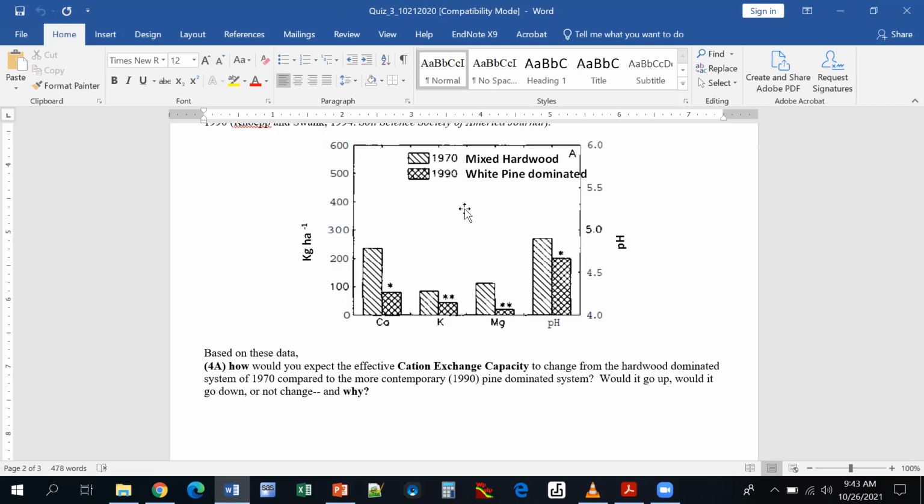Could you describe a scenario to me where, based on even these data, the cation exchange capacity actually went up in response to these treatments? Which, spoiler alert, is actually what happened. So counterintuitively, the cation exchange capacity actually went up despite the pH going down. Well, how could that be? What would cause an increase in CEC?